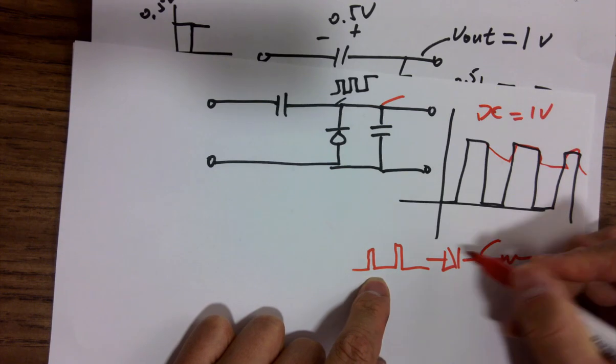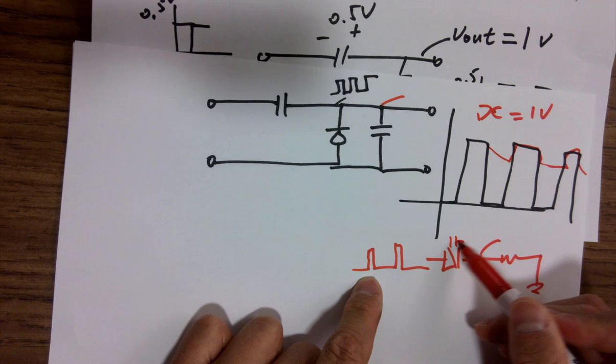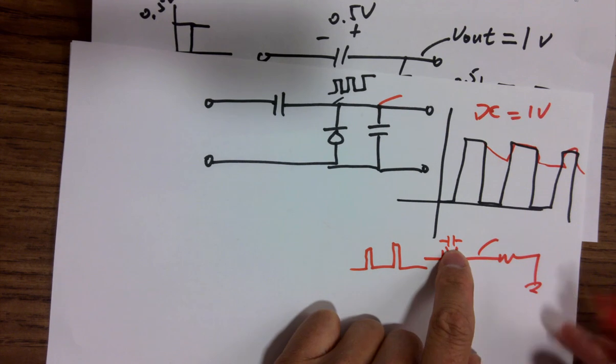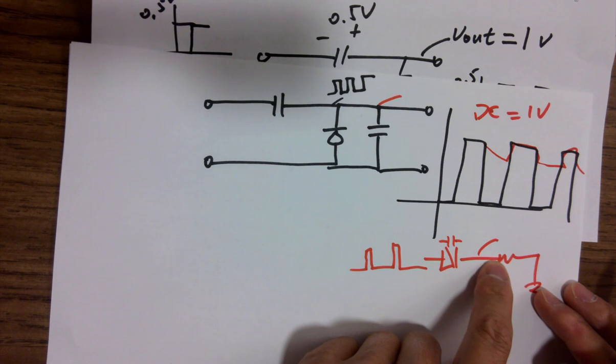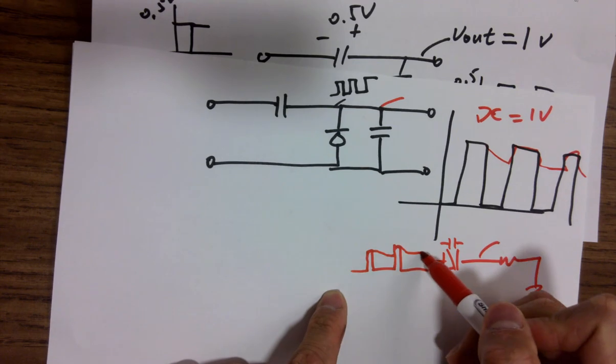But there's a built-in junction capacitor inside, so this becomes a low pass filter, and eventually the output will do this as well.